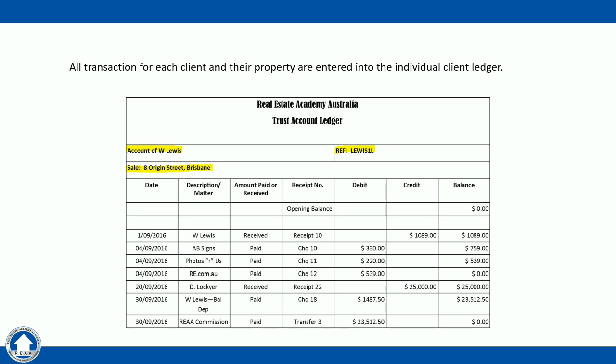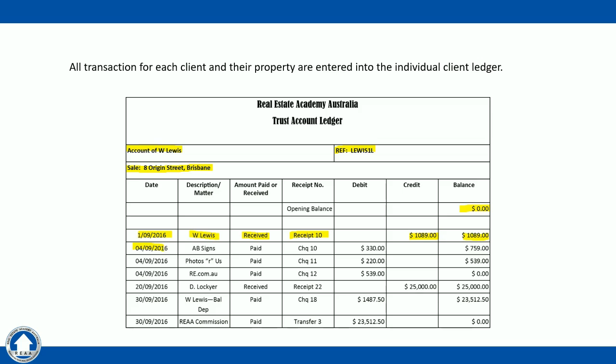So that is the account of this particular client. And we can see that the opening balance was 0. We started at nil. And then all of these transactions have transpired over the course of this month for this particular client. So on the 1st of the 9th, there was W. Lewis we received an amount on a receipt number 10 of $1,089.